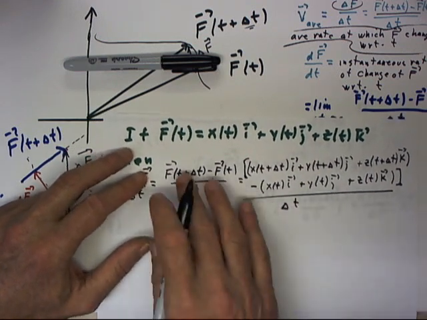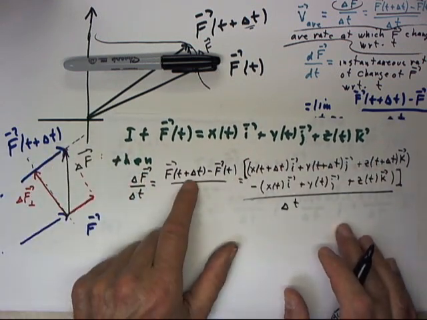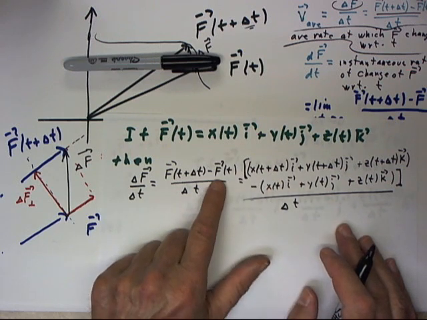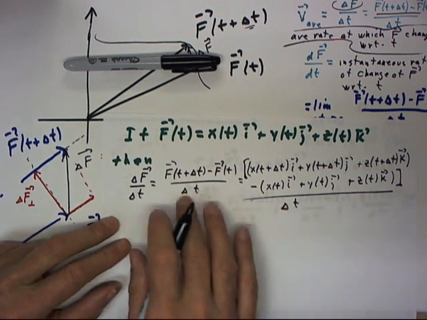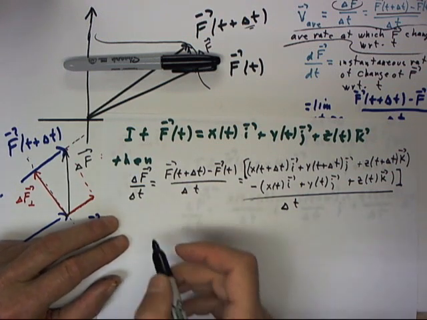So we've just written literally out what f of t plus delta t is, what f of t is, and written them in the appropriate places within this expression.